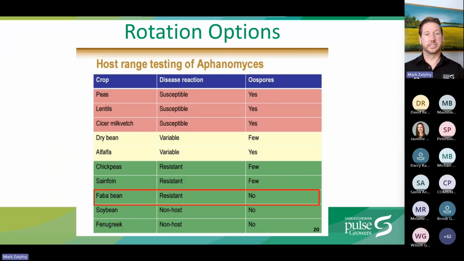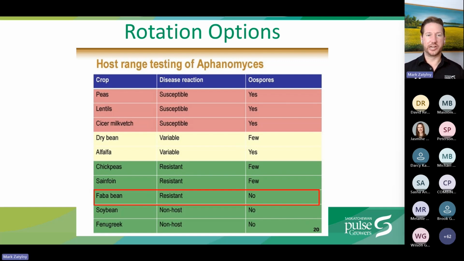So here is another illustration to show the rotational options of why you should have that faba bean. This one really ties into Aphanomyces. If growers have been doing peas and lentils for a long time, getting in a faba bean crop really does help reduce that strain on the system of having continual Aphanomyces growing, because it is mostly resistant.